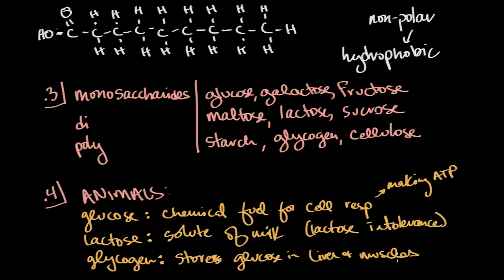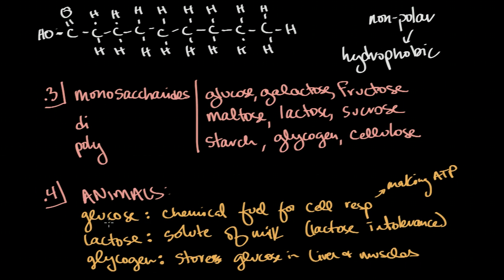So when we have high blood sugar level, insulin takes it out of our blood, puts it into the liver and muscles, and stores it as this polysaccharide glycogen, ready to be used so that when our blood sugar level goes down, let's say you've been working out a lot, then the glucagon in your pancreas is released into the blood. It breaks down the glycogen back into the glucose molecules so that the mitochondria can make use of this chemical fuel to make lots and lots of ATP for your body. Okay? So that's really how all this is related to each other, or at least the glycogen and the glucose.